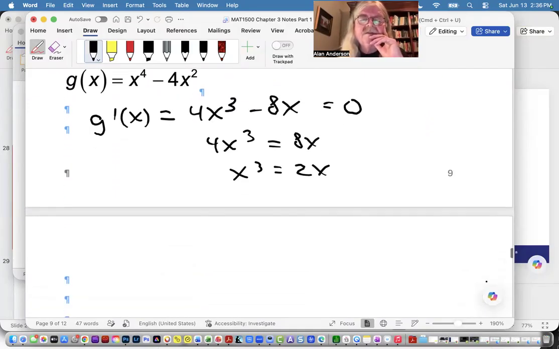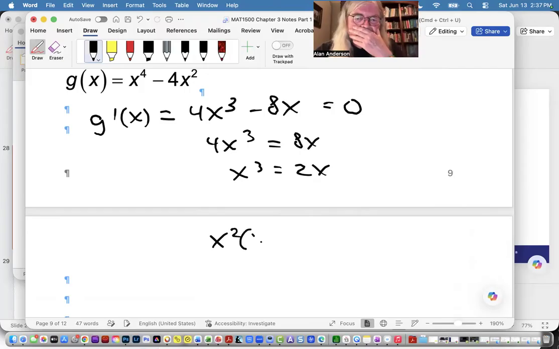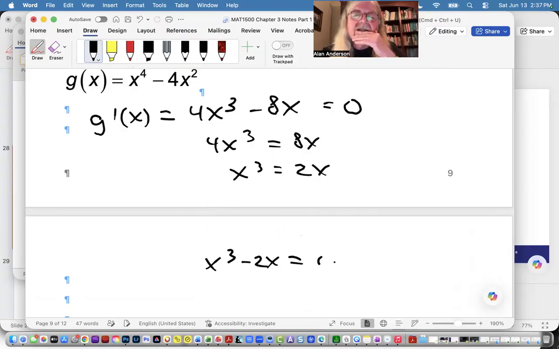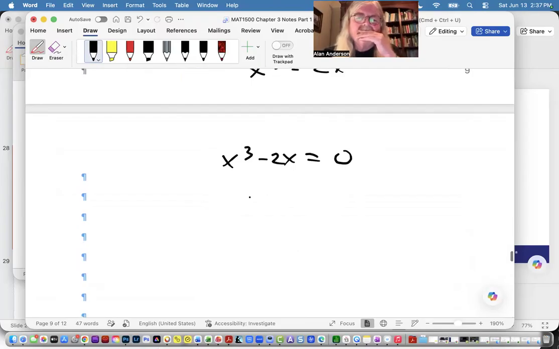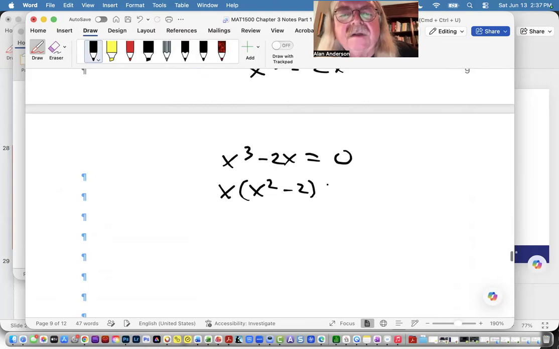Okay, now here's what we can do. We don't want to just divide out by x. In fact, I'll tell you what I probably should have done instead. Yeah, this is where we want to go. This way it's easier to see if there's anything that can be factored out.